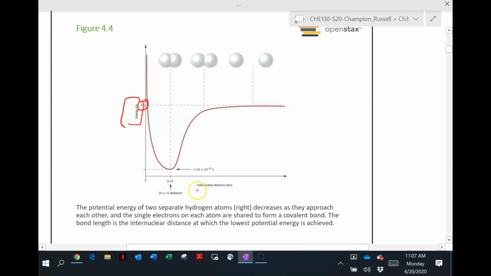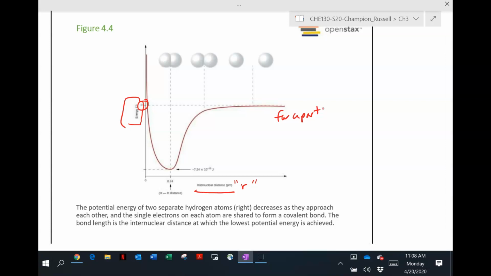The x-axis is the internuclear distance in picometers. That's sometimes called R, just a symbol for the distance between the two atoms. And so what we see is at a very large distance, when they're far apart, the two atoms don't interact with each other, and the energy of that interaction is 0.